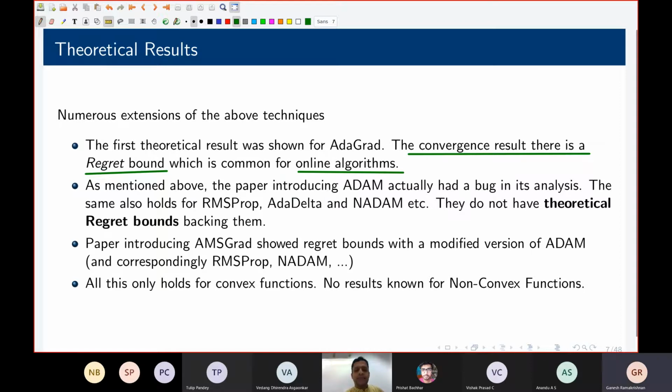As I said, the paper introducing Adam had a bug. So theoretical regret bounds are not there for most of them, except for Adagrad. If you remember, with the RMO conditions and all, we had proper convergence analysis possible, right? That's not always true. And there was AMSGrad, which I told you had this fixed.